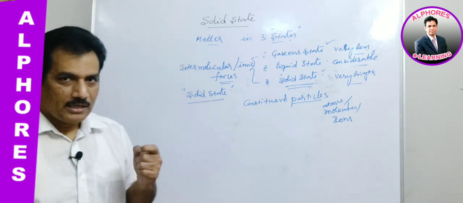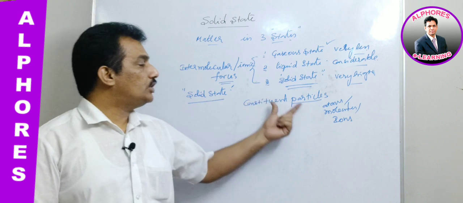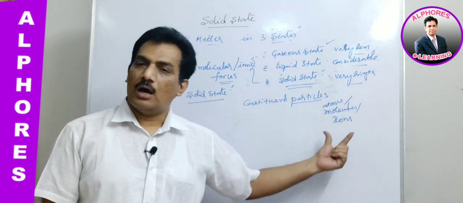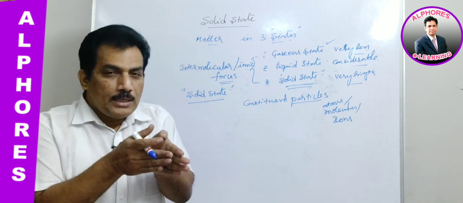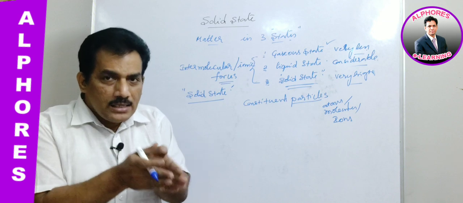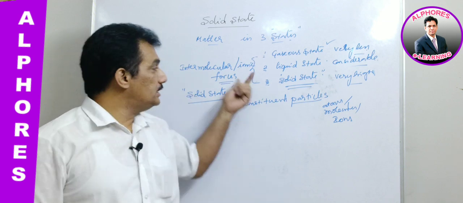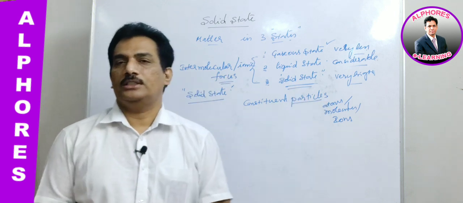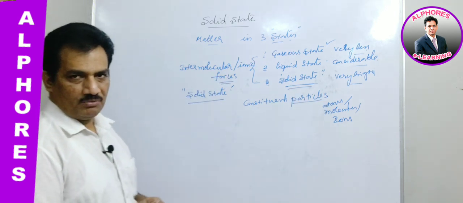The state of the matter where the constituent particles, which may be atoms, molecules or ions, are closely packed and held together with a strong intermolecular force of attraction, is said to be the solid state. And what are the characteristic features?